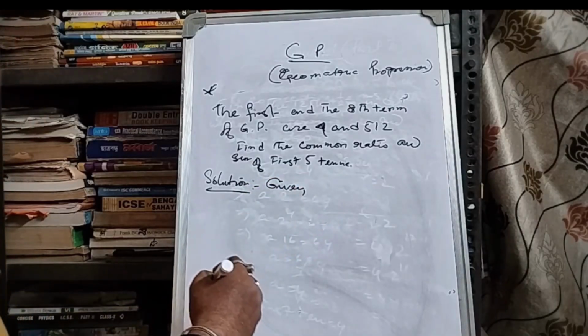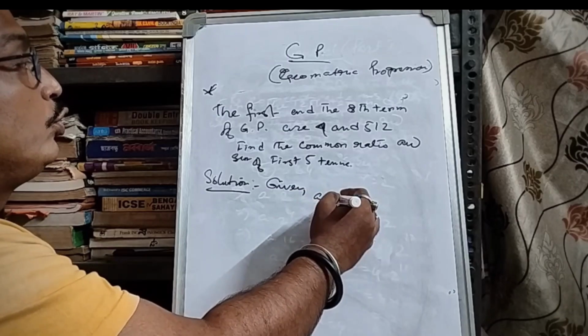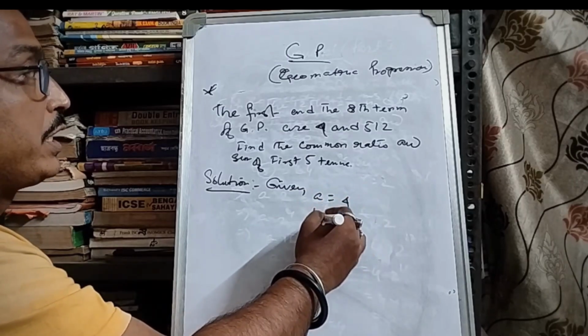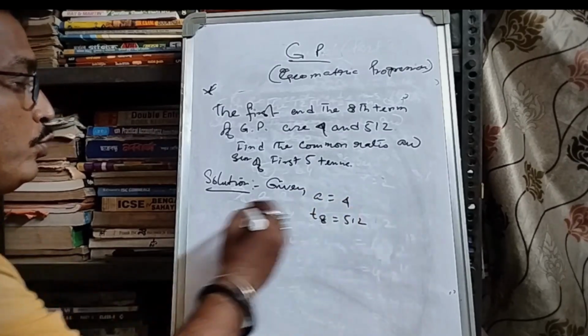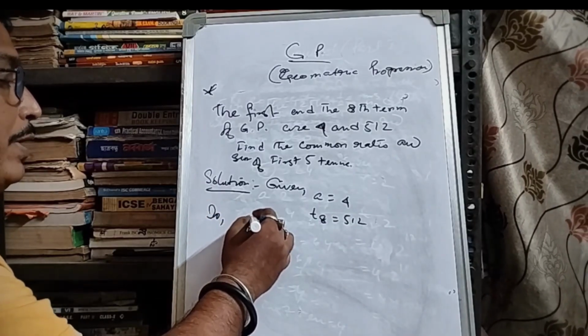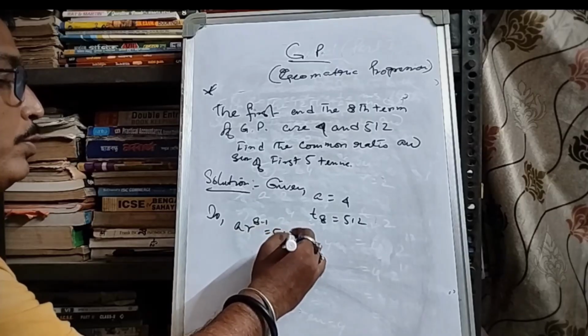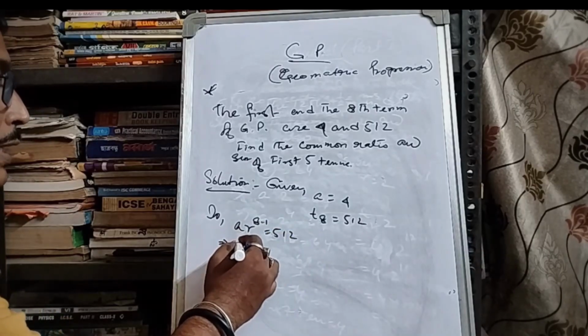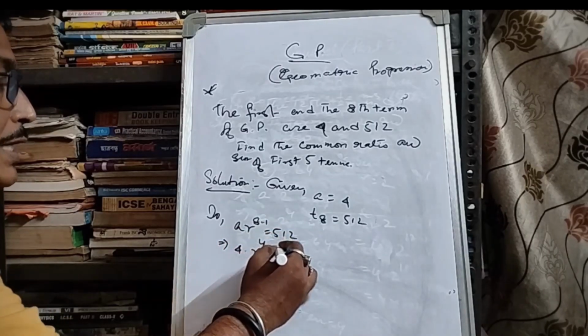Given A is equal to 4, T8 is equal to 512. So A R to the power 8 minus 1 is equal to 512. A R to the power 7 is equal to 512.